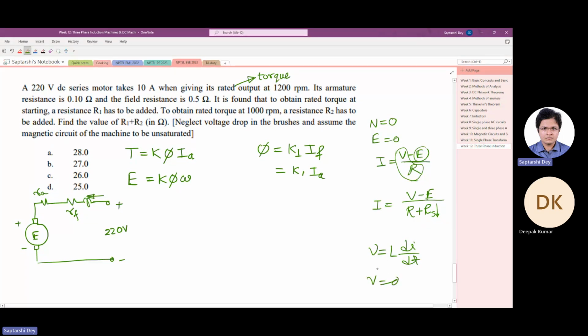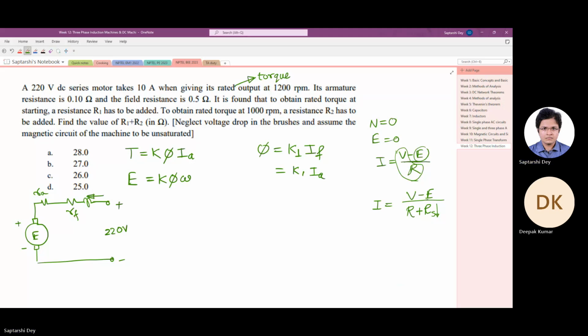In an AC circuit also, instantaneously it is not 0, but on average the voltage across an inductor is 0. Similarly, the average current through a capacitor at steady state is 0. When I say average, I mean average over a complete cycle, one time period.